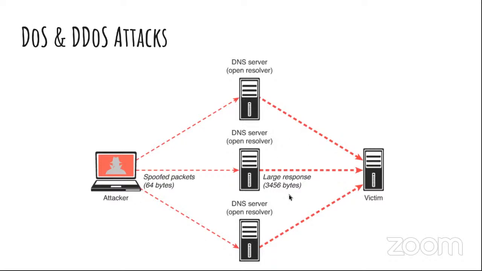The combined response was way bigger than 64 times 3, up to 3,000. This can overwhelm the victim by sending way more data than the buffer can manage. And again, all of these different ways, they're just ways to be annoying.